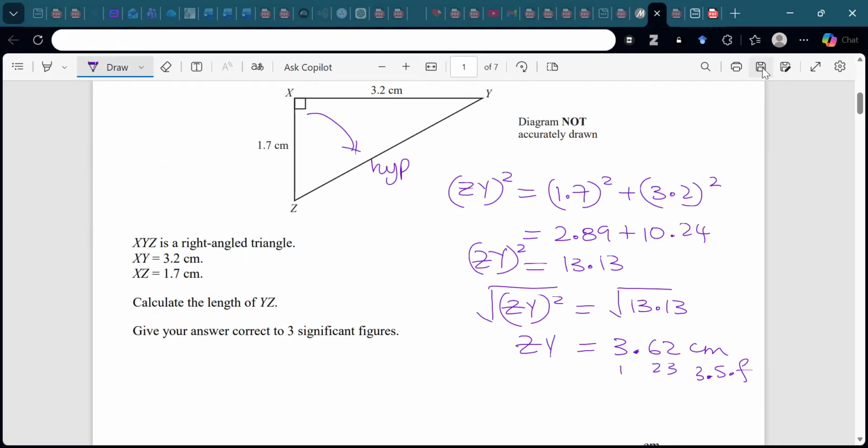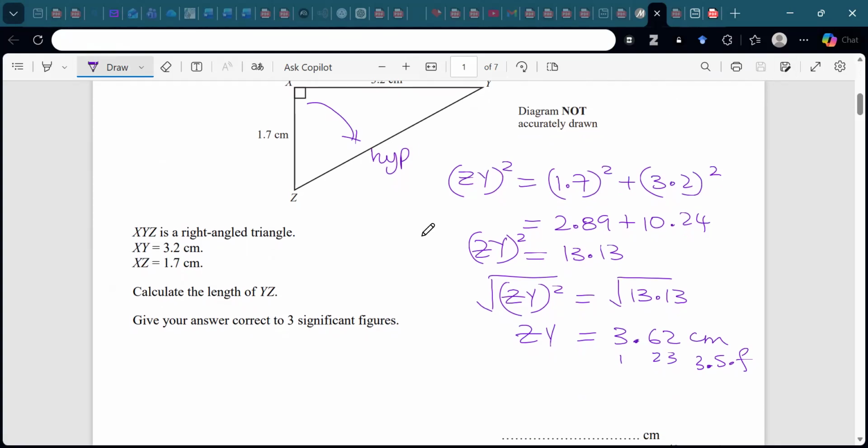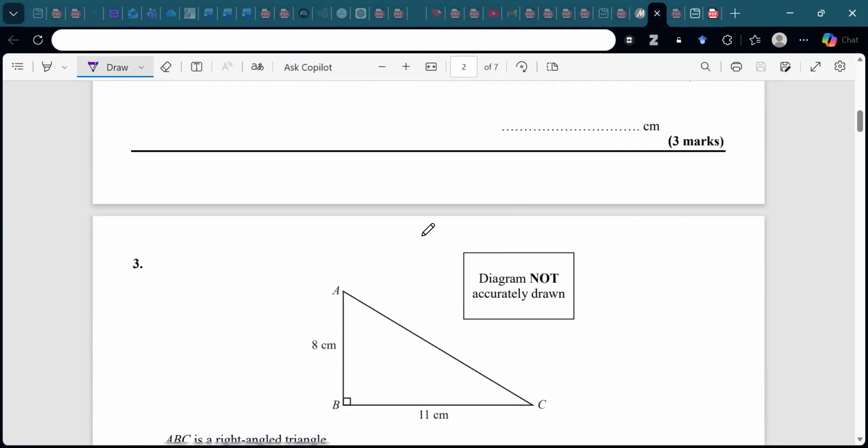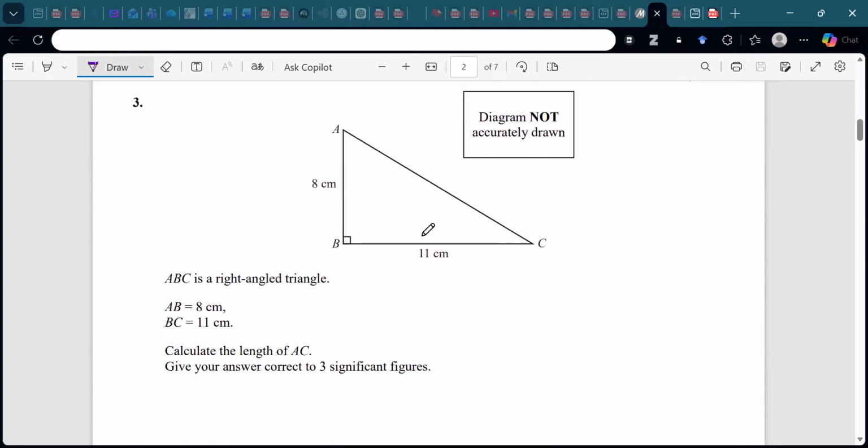Any queries, you are free to make your notes and ask questions about it. Again, calculate the length of AC. So this side is the hypotenuse. So one of the first things we do when we're looking at these questions is identify where our hypotenuse is. Once we do that, it makes our lives a little bit easier in terms of setting up the problem.